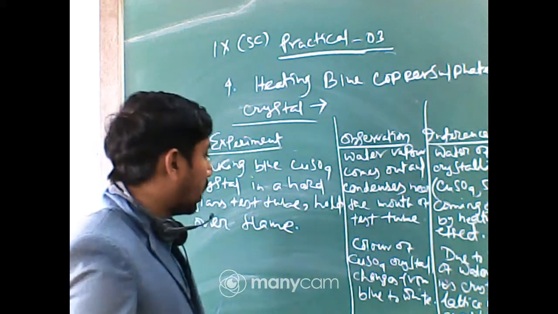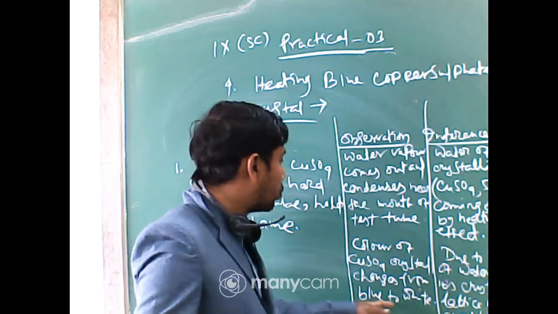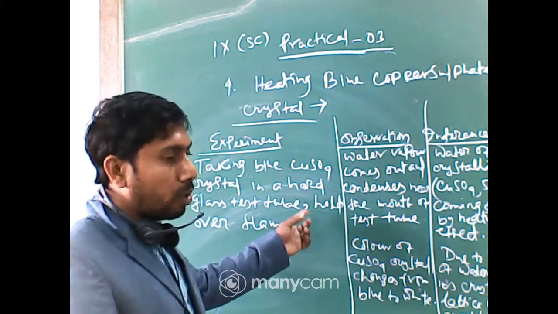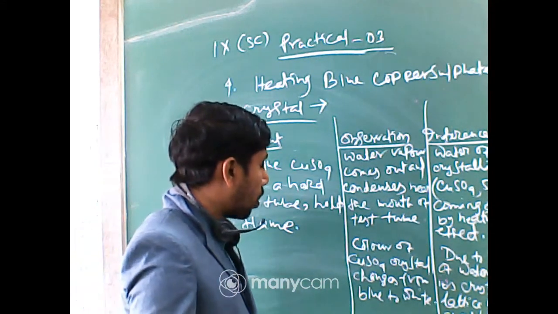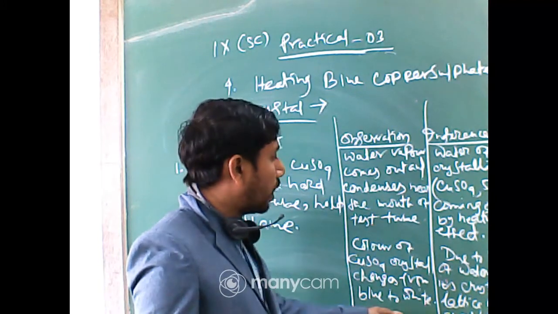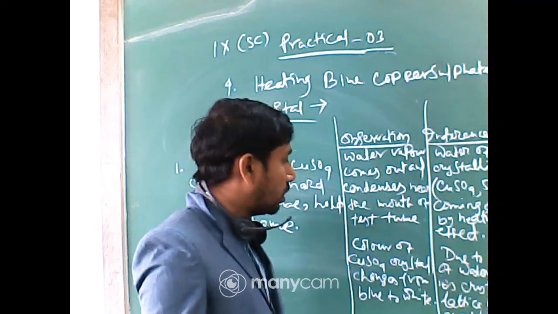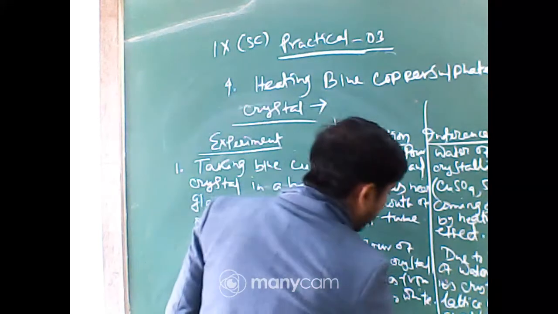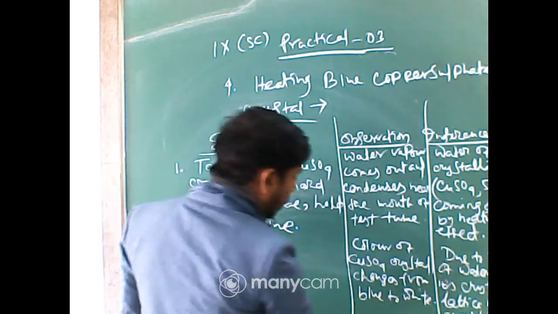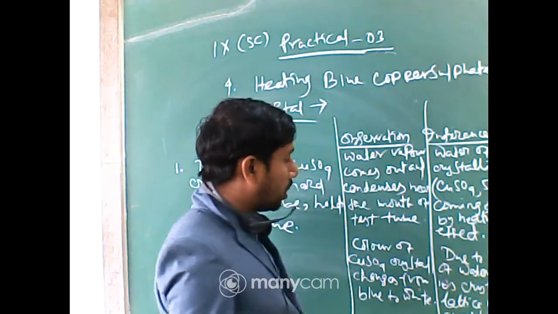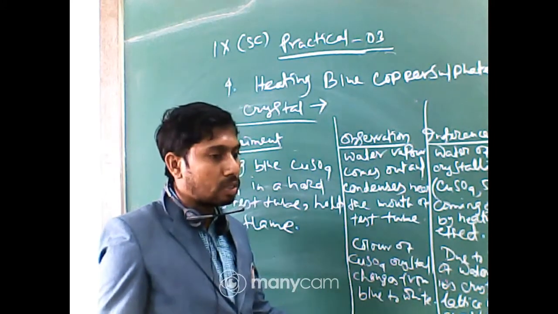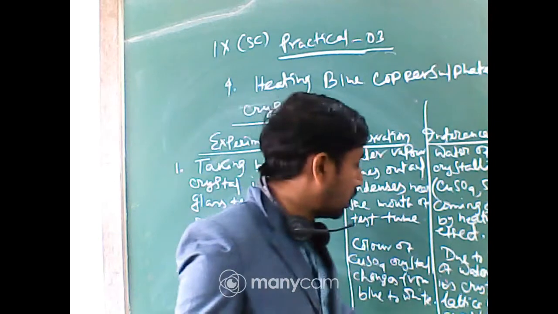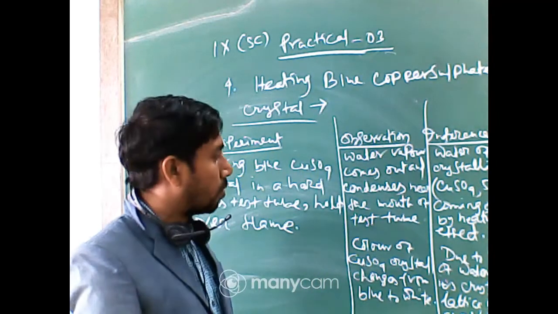Okay, so the color of copper sulfate changes from blue to white when we warm the blue copper sulfate crystal. Due to presence of water in its crystal lattice, it shows blue color. We have previously dictated that water of crystallization is coming out, so when it loses its water of crystallization, it loses its color also.